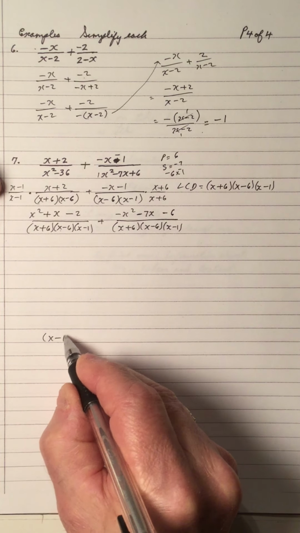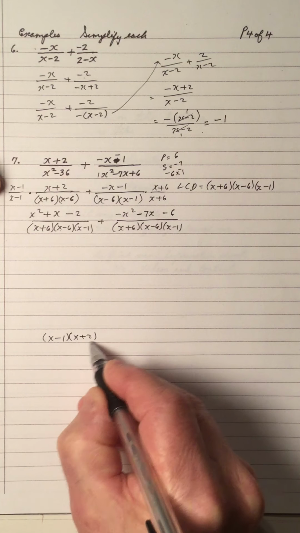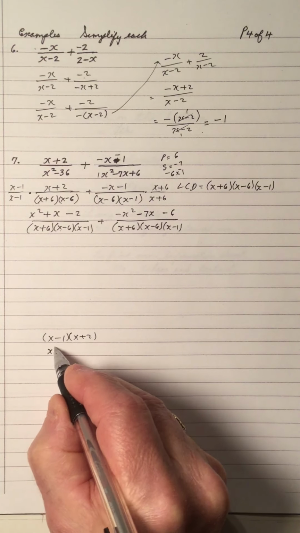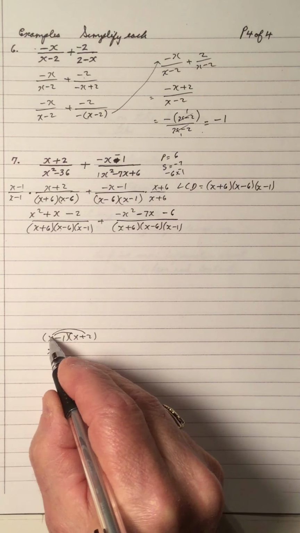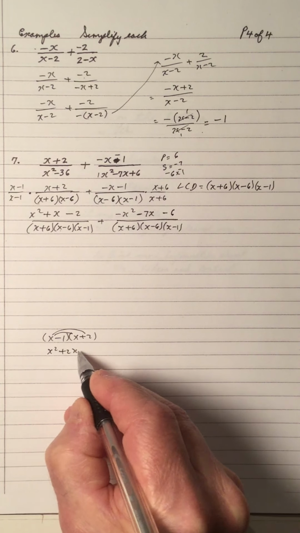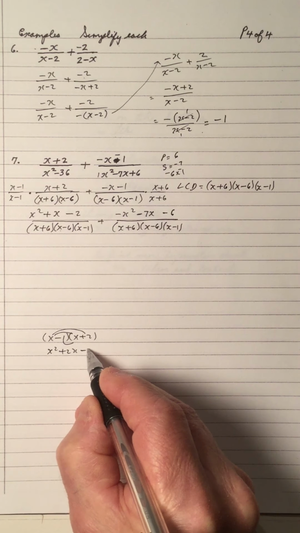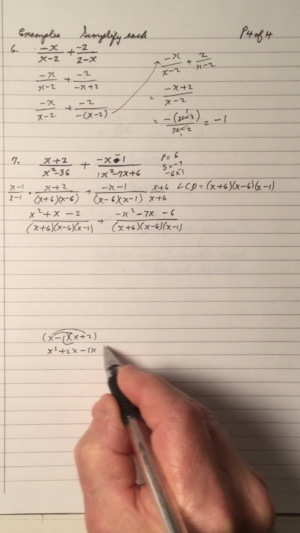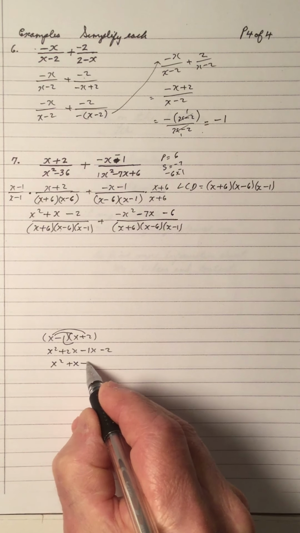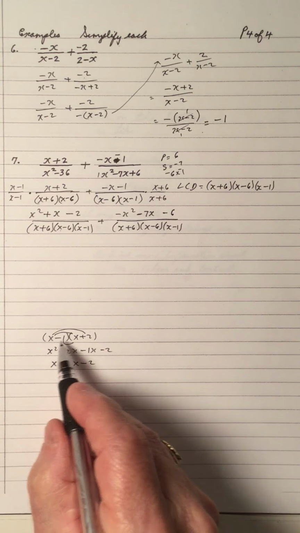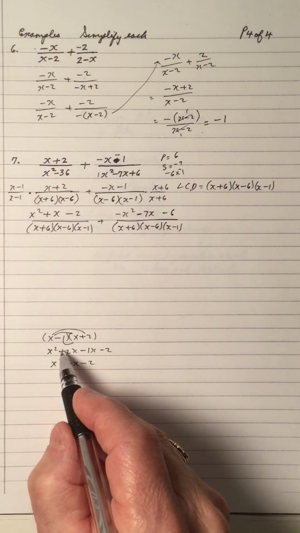If you don't like what I just did, then take your time and go x times x, x squared. X times 2 is 2x. -1 times x is -1x. -1 times 2 is -2. And then add them. So if you want to do FOIL, that's first, outside, inside, last.